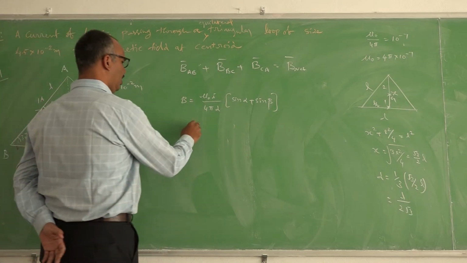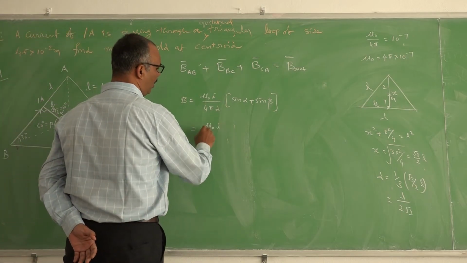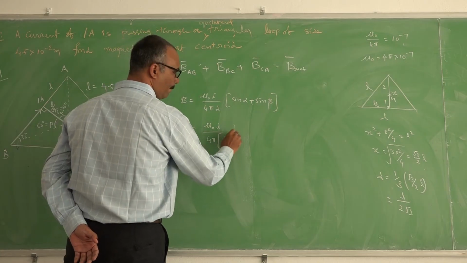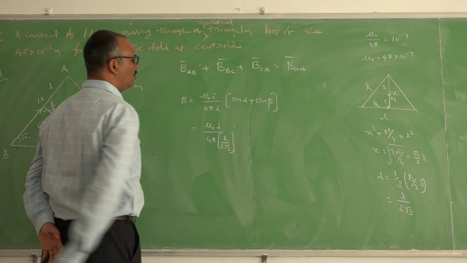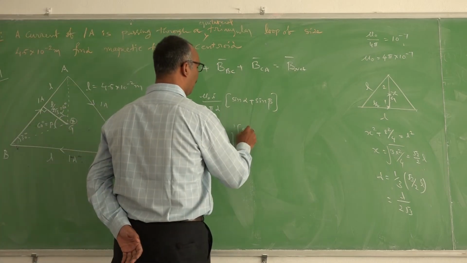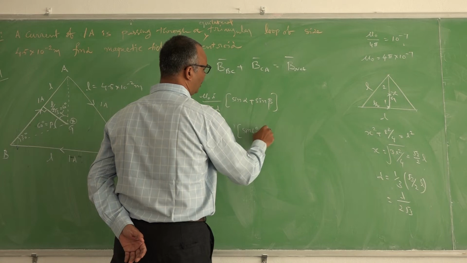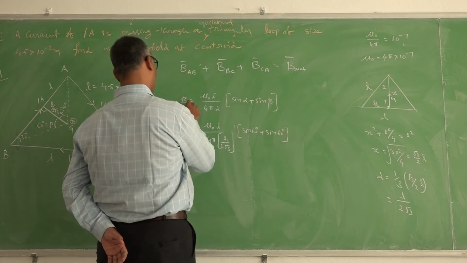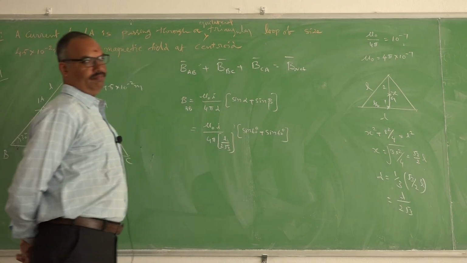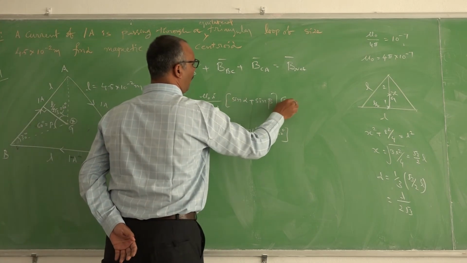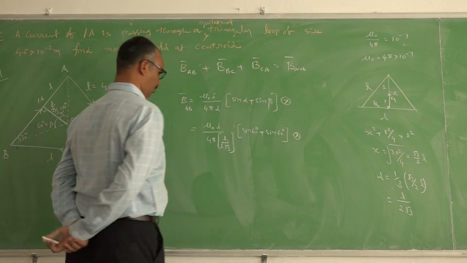So here mu naught I by 4 pi, the distance is L by 2 root 3, sin 60 plus sin 60. This will give the magnetic field due to AB. Already you know the direction. The direction is into the paper.